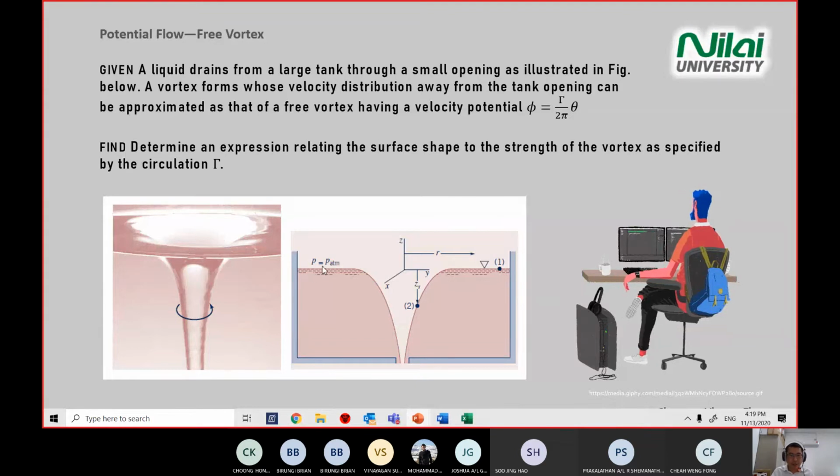On the surface of the water you have atmospheric pressure, acting on station 1 and station 2, and you have an x and y reference axis. Your r is measured from the center of the axis outwards, so later your equation will start from the center z-axis.